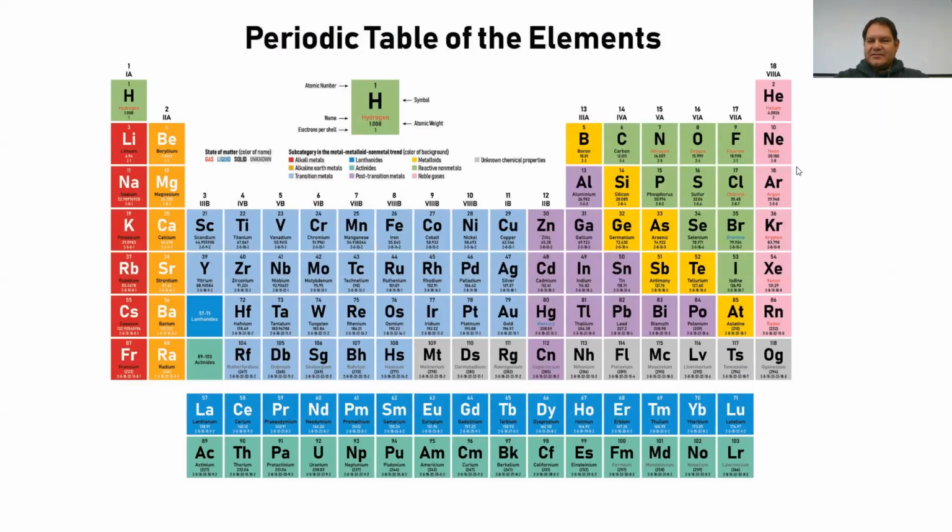All right, so let's take a look at the periodic table real quick and see what's going on here. As we go across, let's take the third period, for instance. As we look at period 3, we know that going across the period from left to right, we can count on the number of protons increasing in the nucleus, right? So going from 11 to 12 and so forth across.